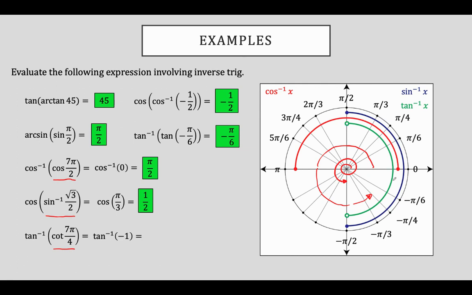The angle between negative pi over 2 and pi over 2 that has a tangent value of -1. Well, that's this angle right here, negative pi over 4 is our answer. All right, so there is using some inverse properties to help us in evaluating inverse trig.